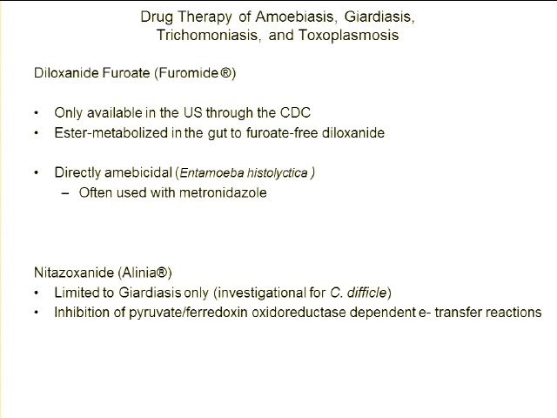Alinea is an agent that is limited to giardiasis, although it is under phase 3 trials for C. diff. And this drug, again, is only going to cover Giardia lamblia. Okay. And I've shown you here kind of the mechanisms of how these work. This one is directly amoebicidal.